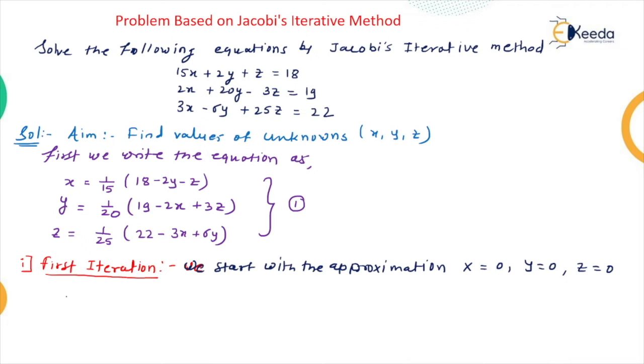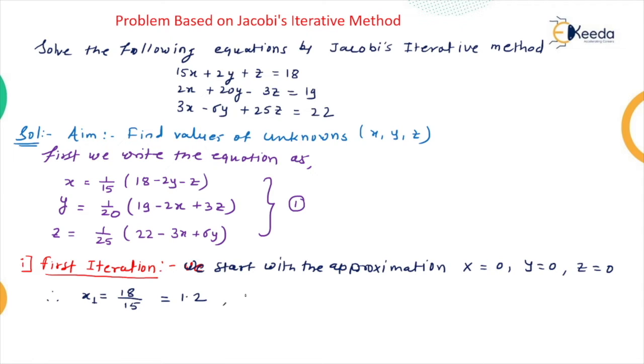Therefore the value of x is 18 upon 15, since y and z are 0. So the value of x is 1.2. This is x1, the value of x for the first iteration.